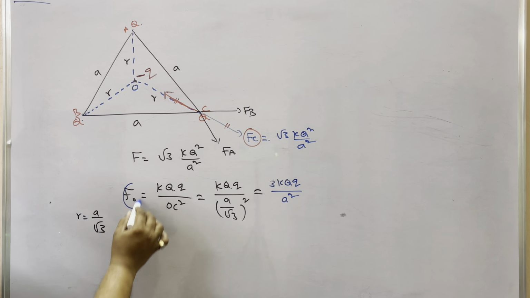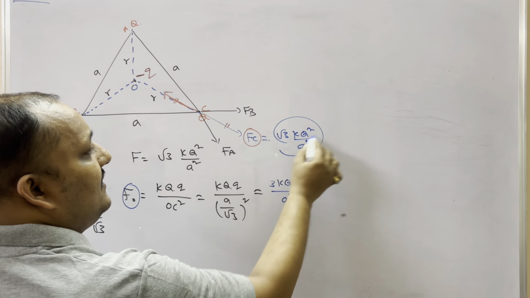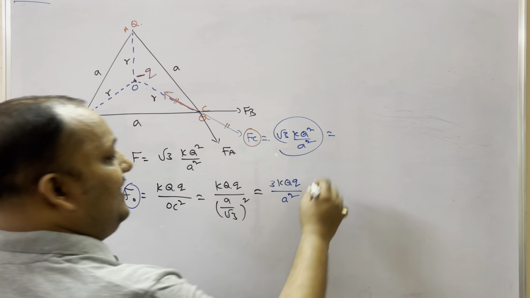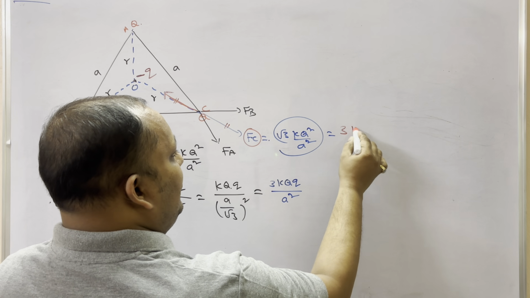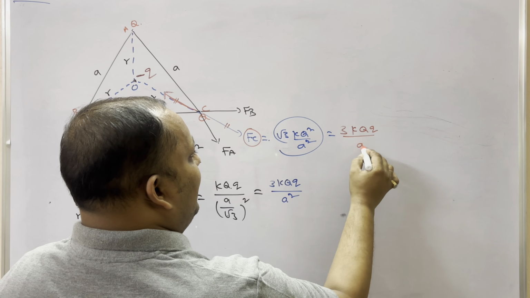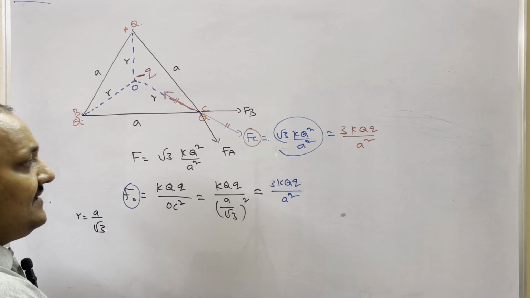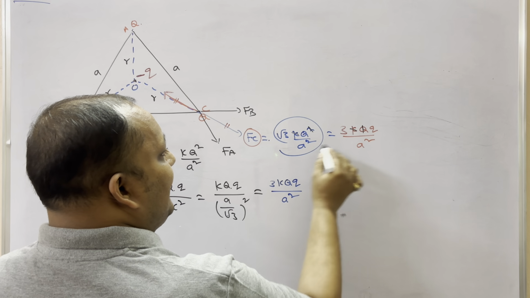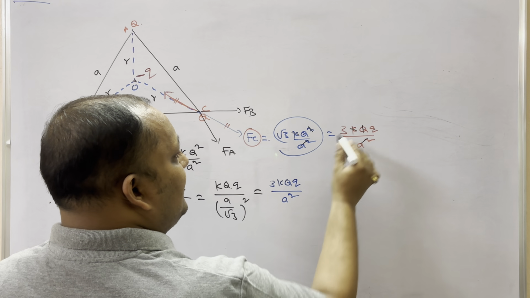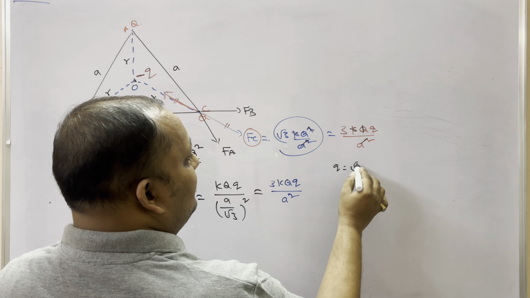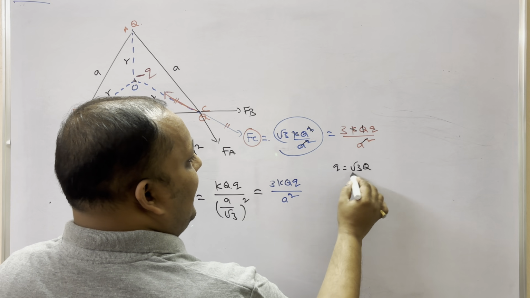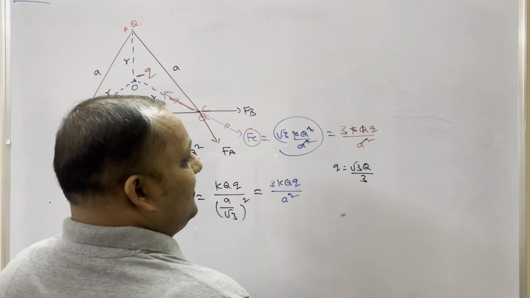Now this force should be equal to this force. If you equate these two, what are you going to get? 3 k q by a square. So if you cancel, k and one q will be cancelled, a square will be cancelled. Then what is remaining? Root 3 capital Q divided by 3.